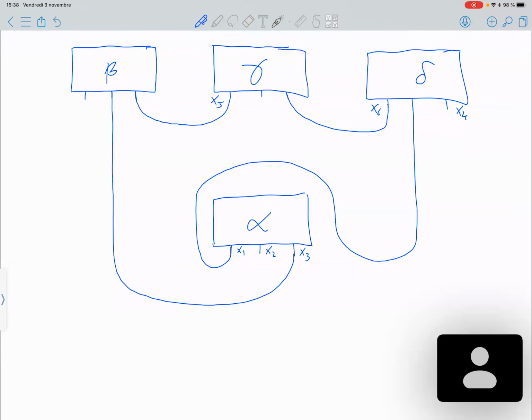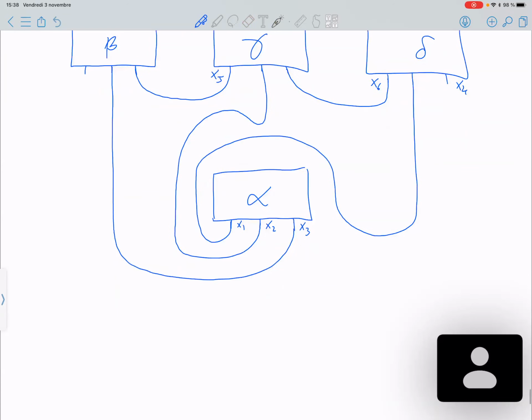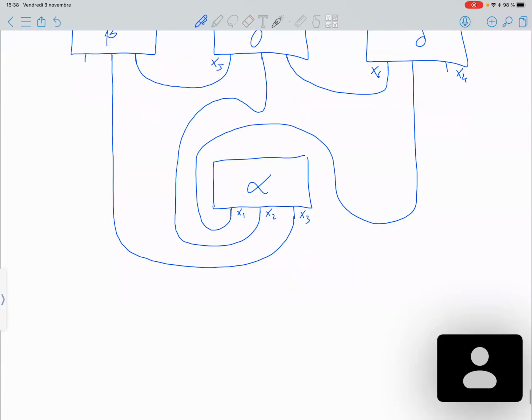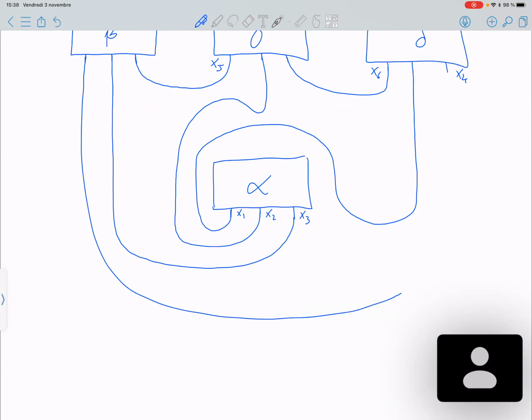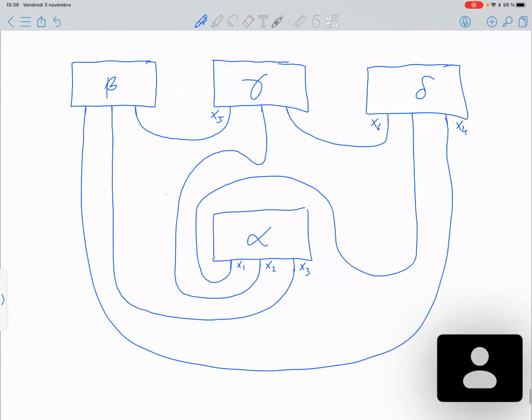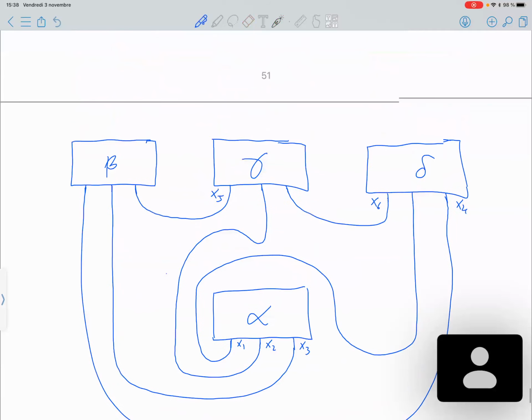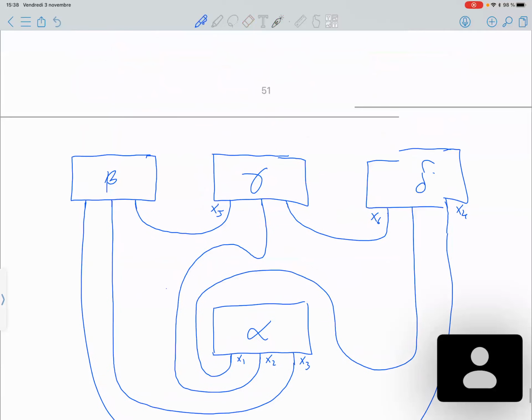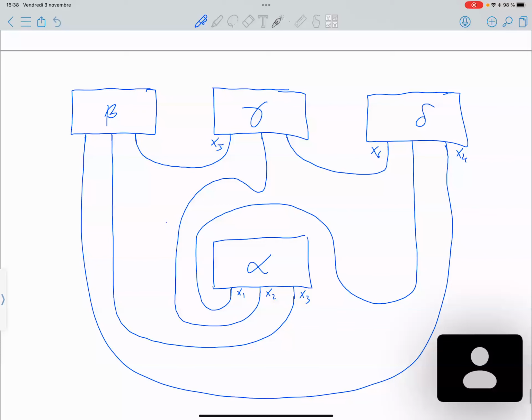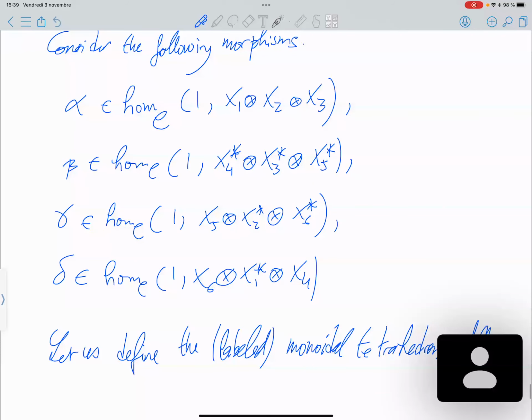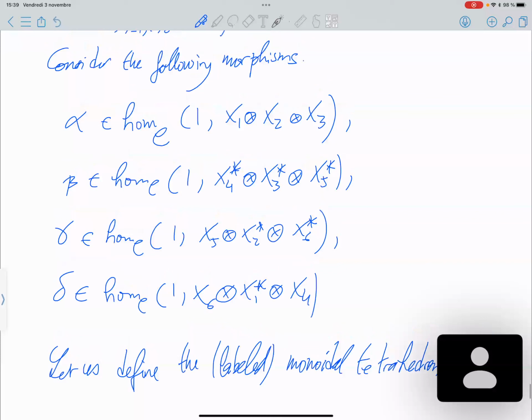Okay. Then this one. Evaluation map, identity, co-evaluation map, some zigzag here. And finally, big evaluation map. So you should observe that alpha, beta, gamma, delta are exactly in these home spaces.